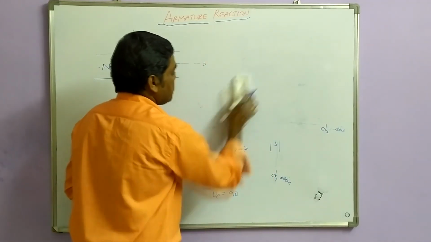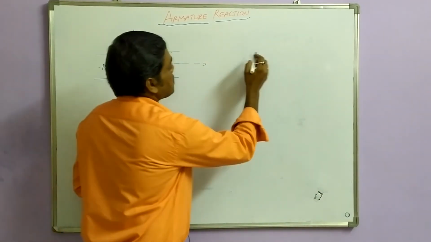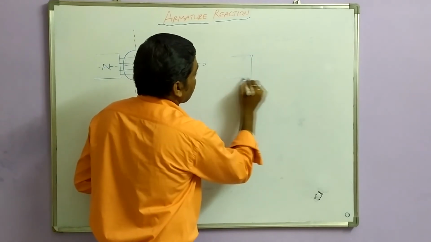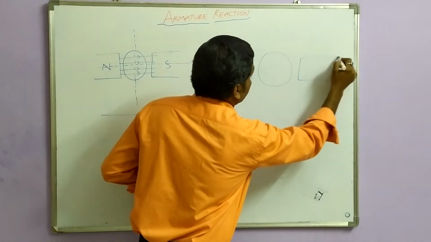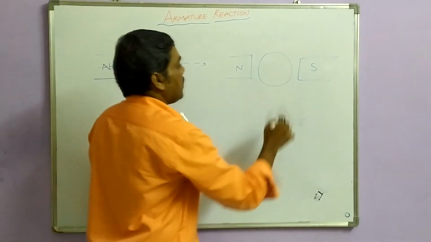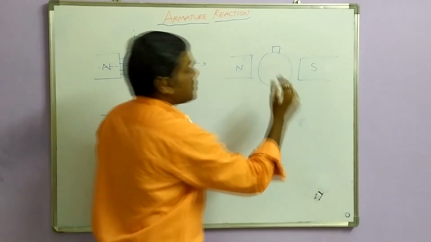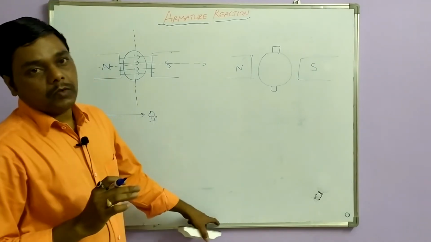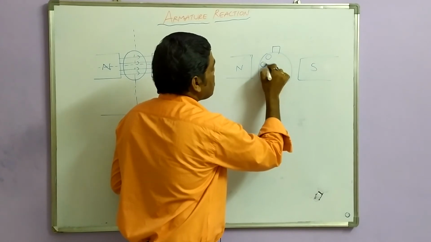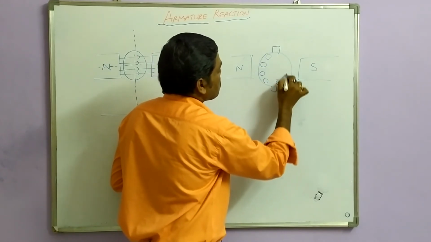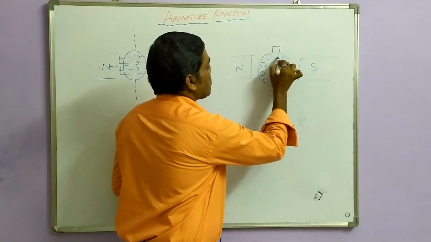Now you can see here, for the same two poles, this is the armature, this is the north pole and this is the south pole. Again, the brushes are always along the axis where there is no EMF in the conductors. So these are the conductors. For simplicity, I am assuming only 4 conductors, and these are the 2 conductors placed here.